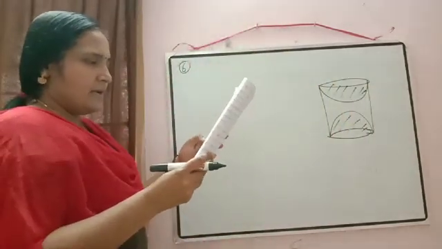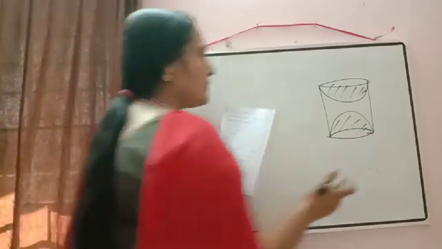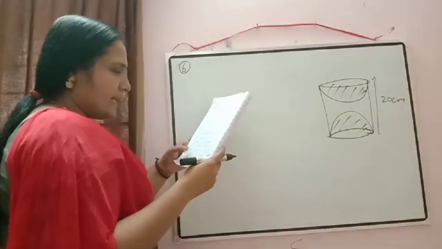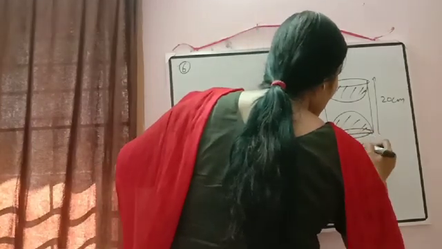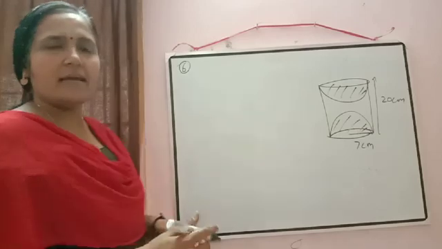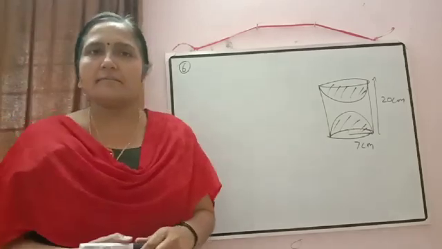Height of the cylinder is 20 centimeter and base radius is 7 centimeter. Again it is asked, find the total surface area of the solid.